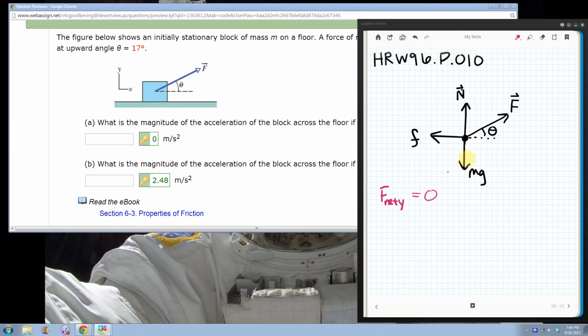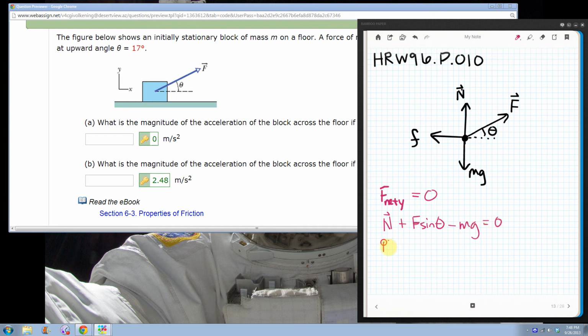So I've got the normal force pointing up, I also have the y component of F, so that'll be F sine theta, and I've got mg pointing down, and that all equals 0.